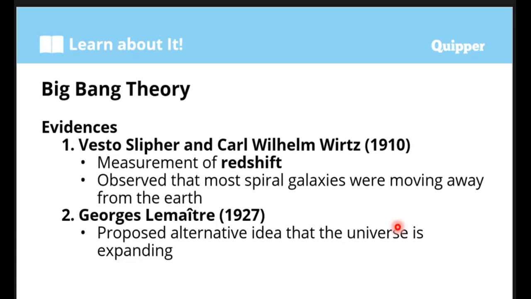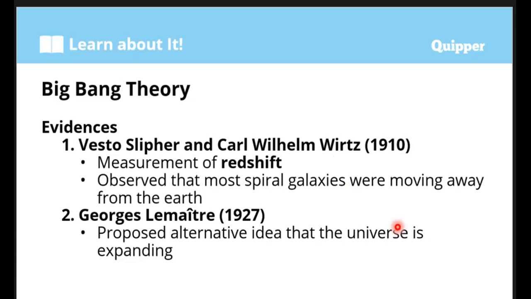So number one, Vesto Slipher and Carl Wilhelm Wirtz. It was 1910. These are two scientists who contributed to the support of the Big Bang theory. According to these two scientists, there is a measurement of redshift.